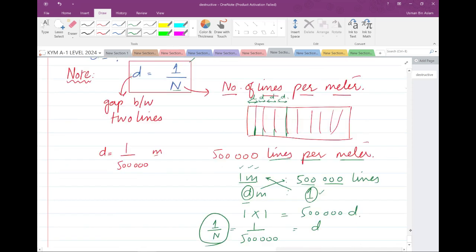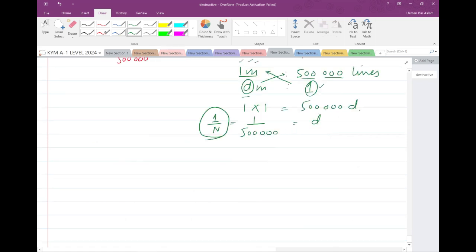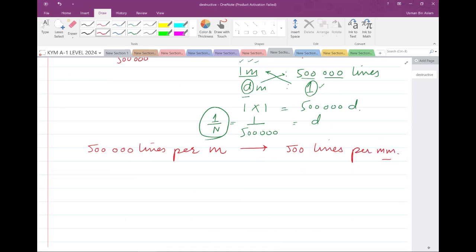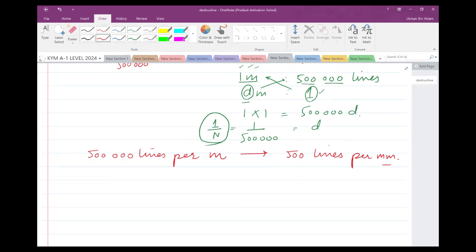Yep. Okay. Now, a lot of students lose their marks because the examiner isn't always going to give you 500,000 lines per meter. Sometimes the examiner gives you 500 lines per millimeter. In that case, you would have to convert lines per millimeter into lines per meter. I'll show you what I mean by that.